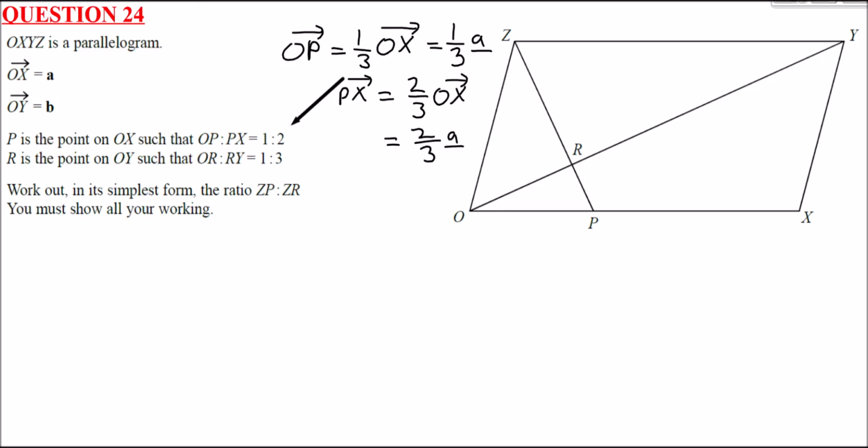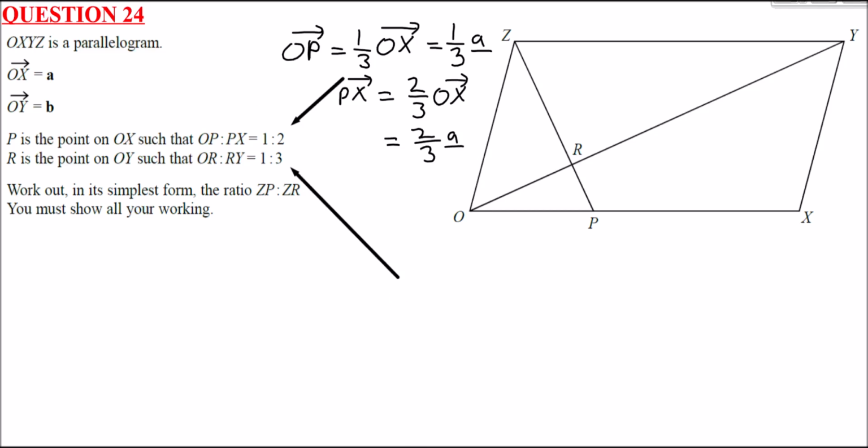This one here, talking about from O to Y, is split somewhere along it by this point labelled R. And OR to RY is split in ratio 1 to 3. 1 part and 3 parts is 4 parts in total, so O to R is only 1 part out of 4.